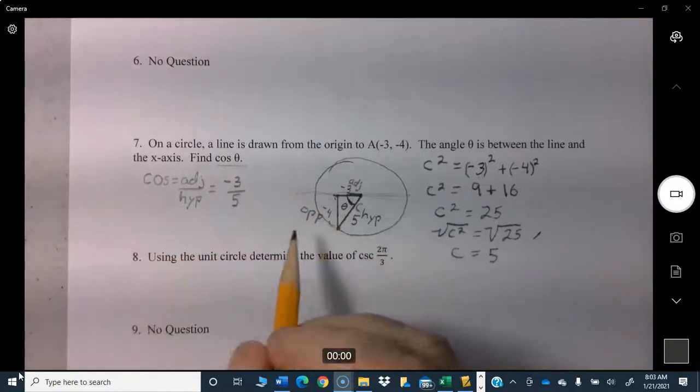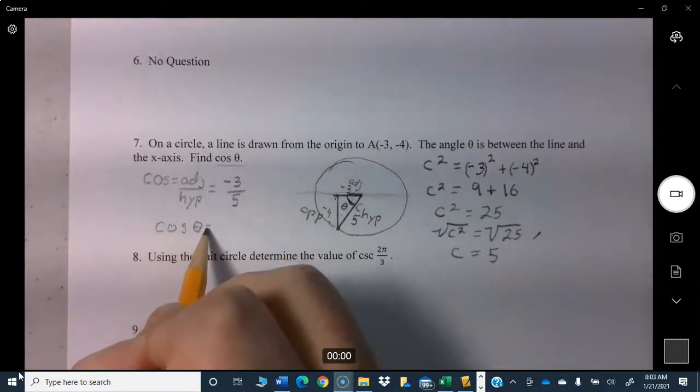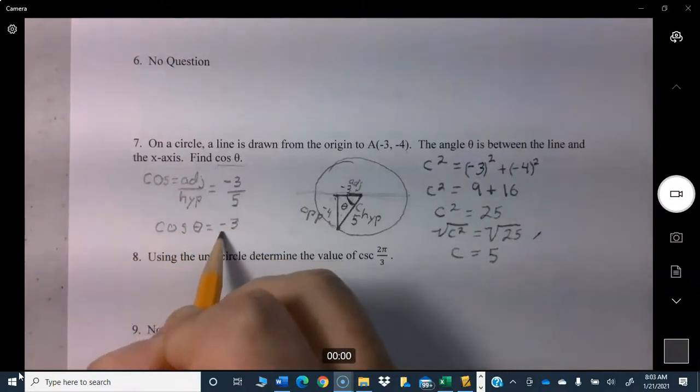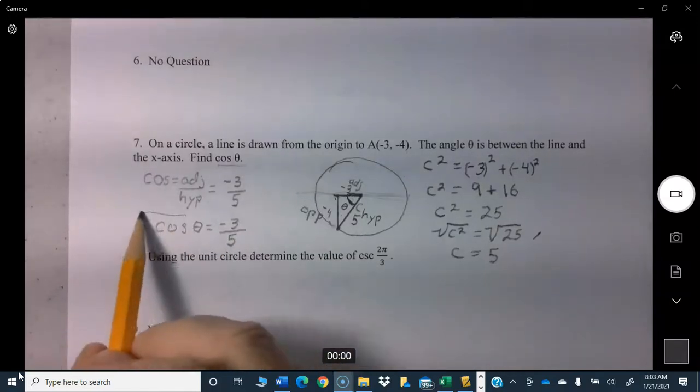And that's the cosine of theta. So cosine theta equals -3/5. You don't have to calculate what 3 divided by 5 is, you just leave it like that. And that's your final answer.